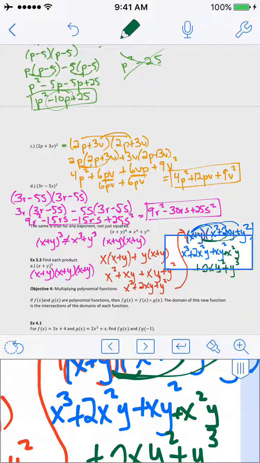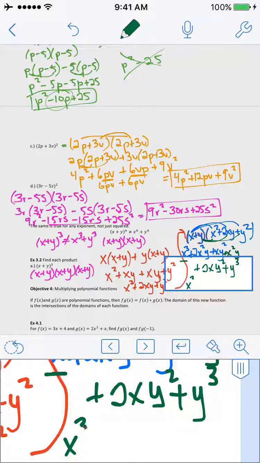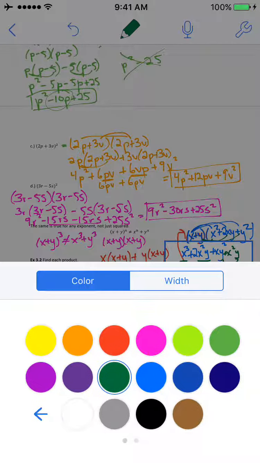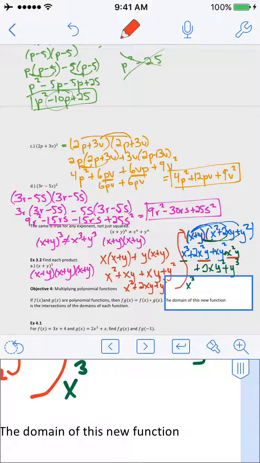And when I look closely, not many of these are like terms. X cubed, definitely the only one we got. So x cubed. And then we have an x squared y, an x squared y, and an x squared y.